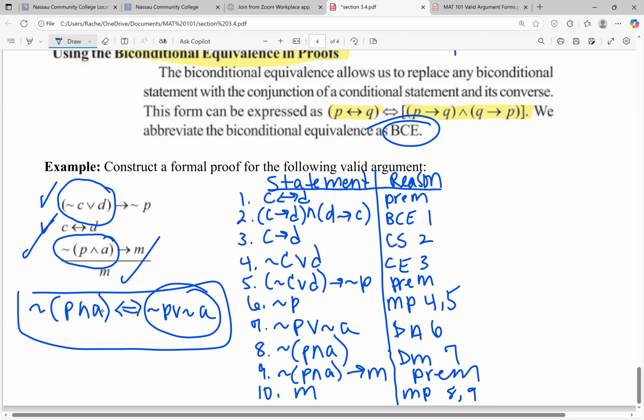So in this lecture, we did a whole variety, right, of formal proofs that involve not only the valid argument forms that we learned in the previous 3 sections, but now it also incorporated these equivalences.